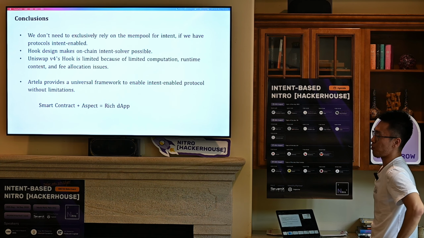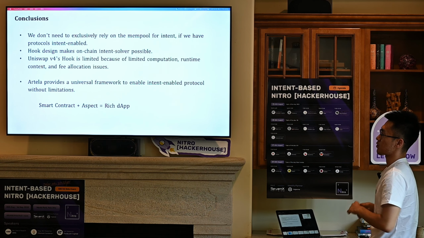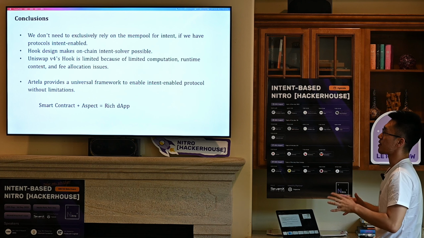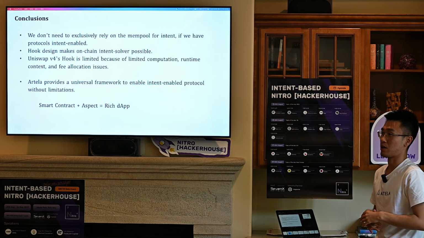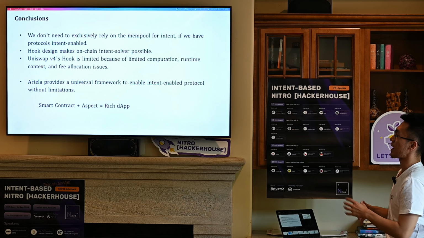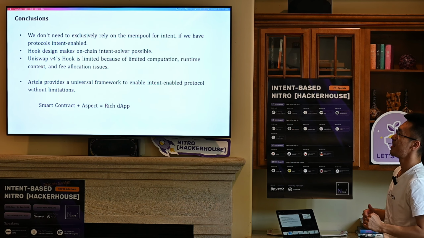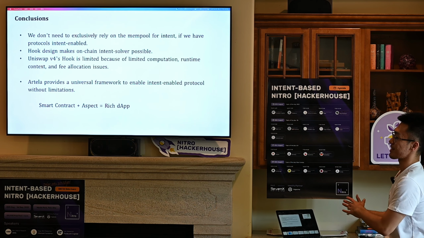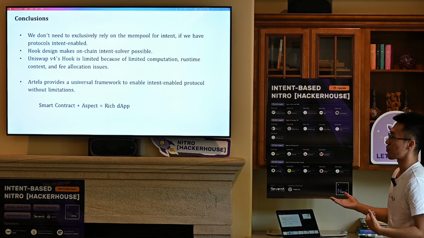So with intent-neighbor protocol, we think we actually don't need to rely only on mempool for intents, if we can enable it at the protocol level. And also, how can we achieve this? Hook design makes an on-chain intent solver possible and gives us a clue.